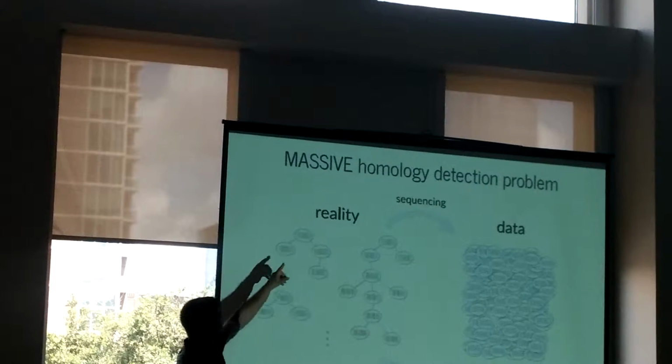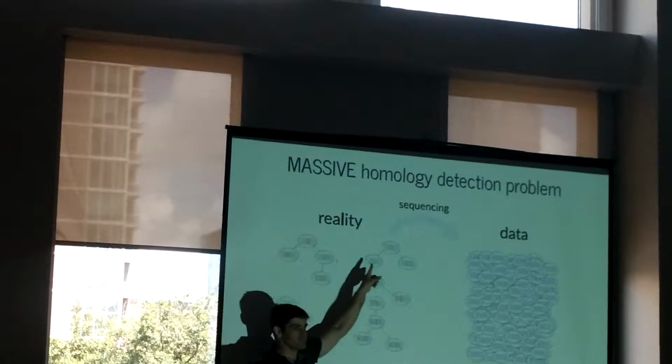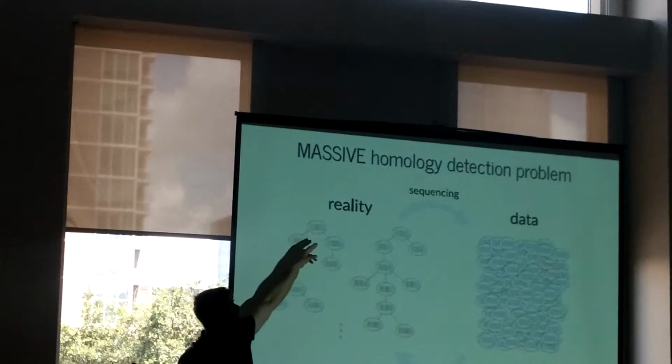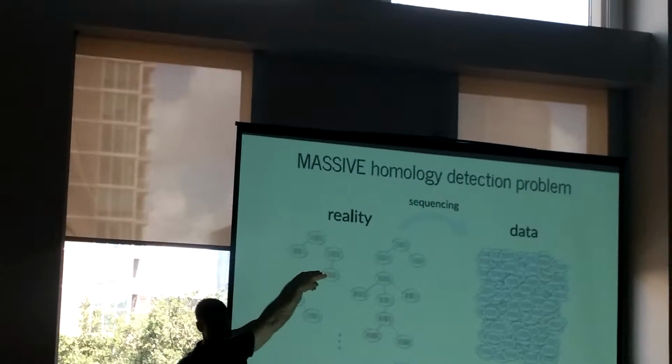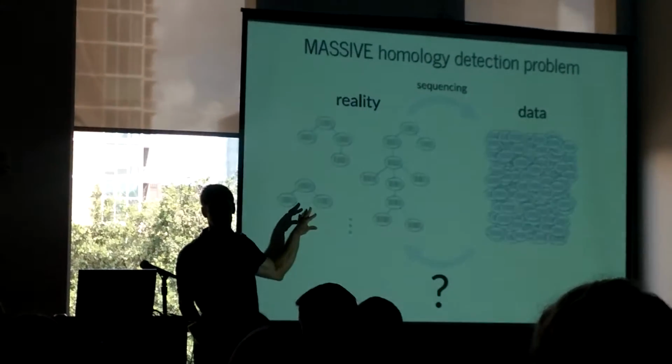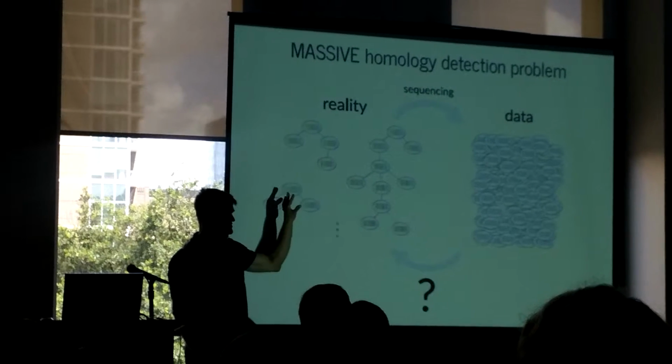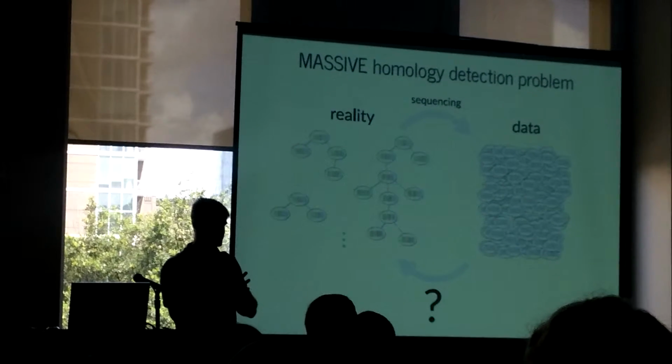Let me remind you that each one of these ancestors was created by one of these rearrangement events. And then each one of them went through some process of affinity maturation that generated a tree. But when we sequence, we of course don't know which sequences came from which trees. They just all got jumbled up in the sequencing.